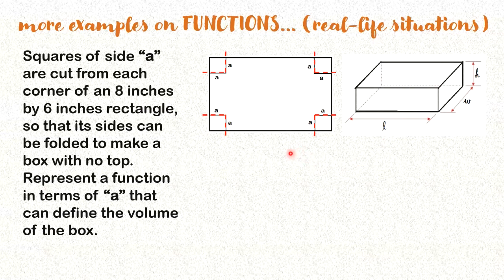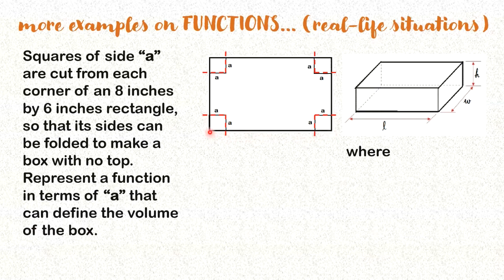Now, before we get the volume, kailangan i-express natin yung length, yung width, at saka yung height nitong box na ito in terms of A. Let's start with L. So let's express L in terms of A. Gaano ba kahaba ito? Again, yung original rectangle natin, 8 inches, right?